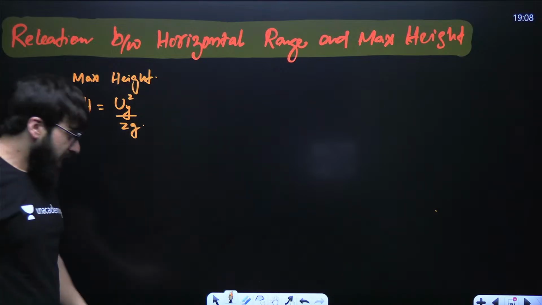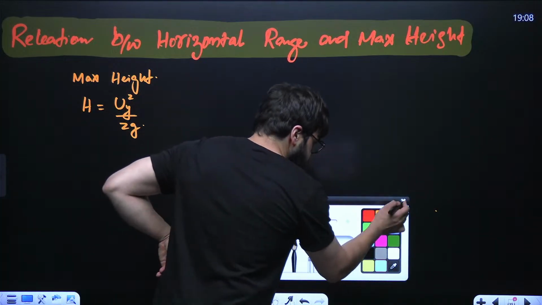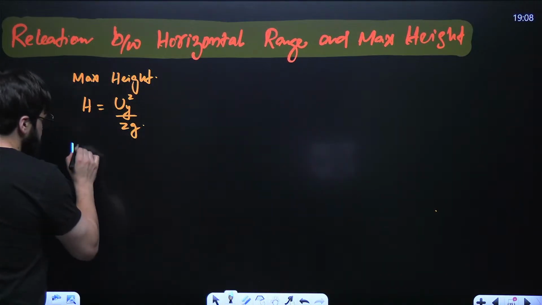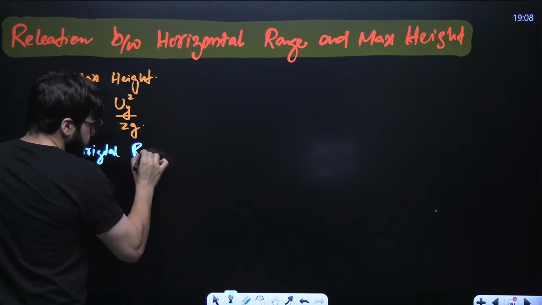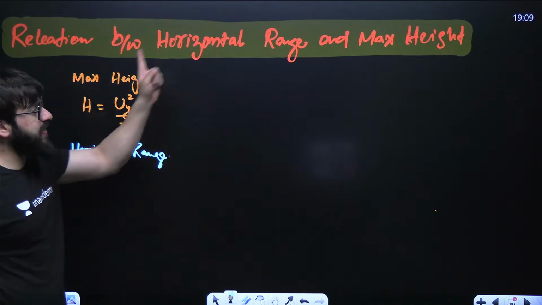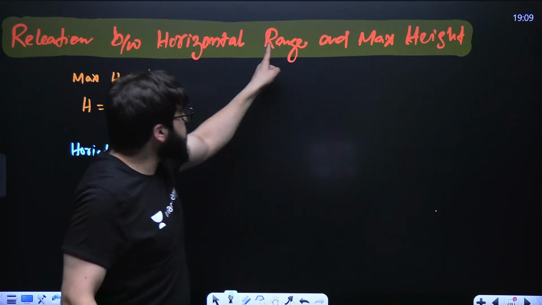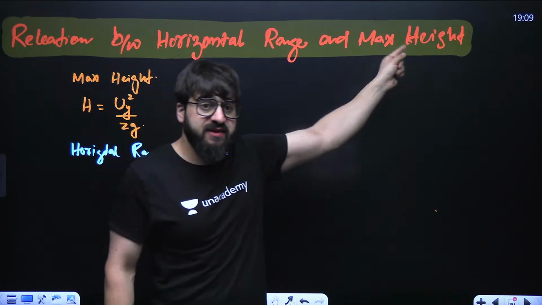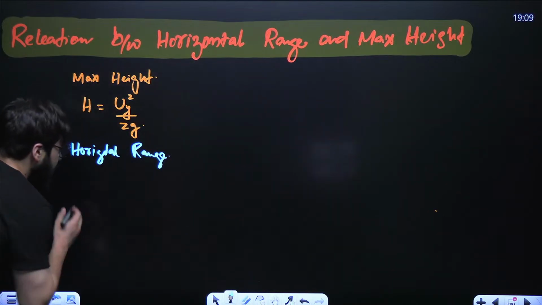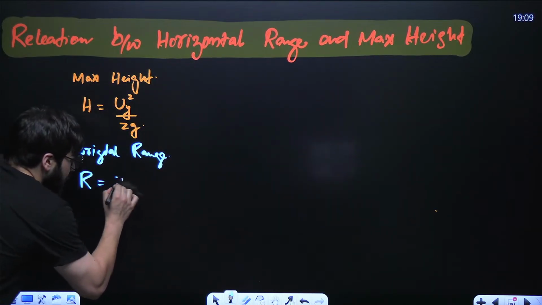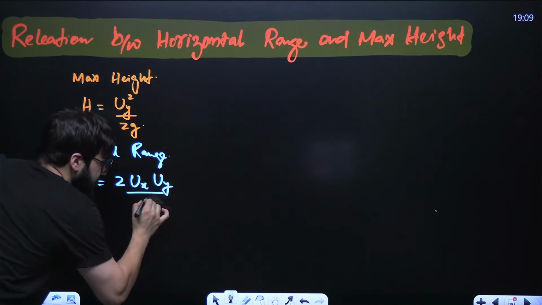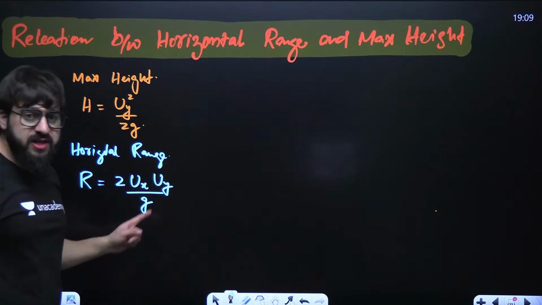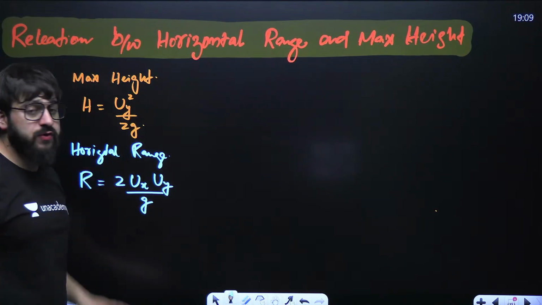And when it comes to the horizontal range, it has 2 times ux uy divided by g. This is what we call the horizontal range, and this is what we call the maximum height.